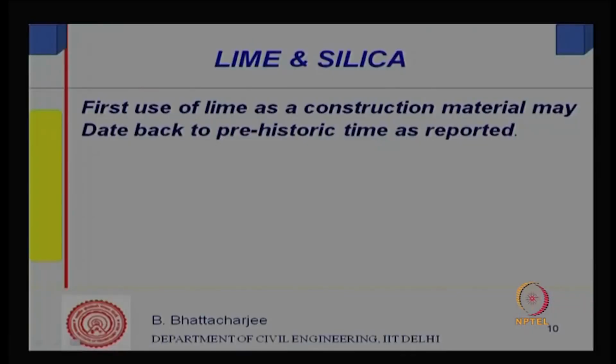In fact, the first use of lime as a construction material, as reported in literature, was found in one of the articles by Professor Aaron Bentour, that some people from Israel could trace the first use of lime to prehistoric time, possibly 7,000 years from now. Lime was used as a construction material.